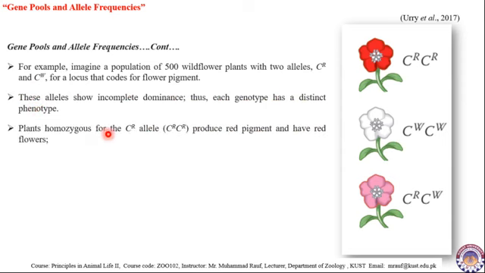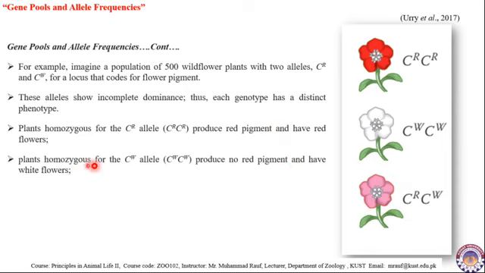Plant homozygous for this particular allele produces red pigment, meaning red flowers. Plant homozygous for this particular allele produces no pigment, meaning white flowers. And plant heterozygous produces some red pigment and has pink flowers.